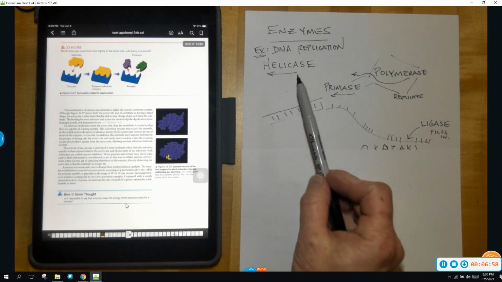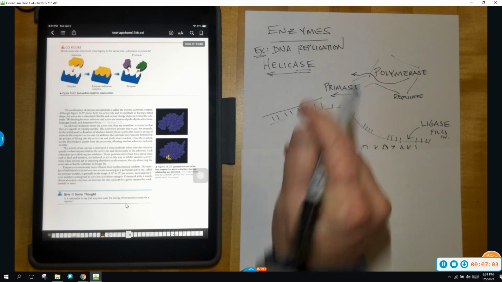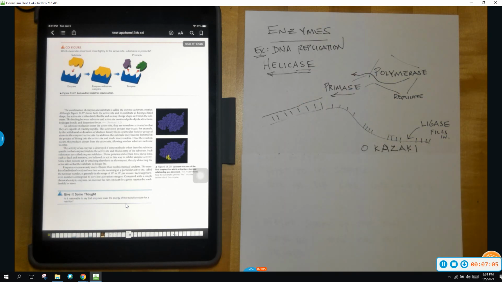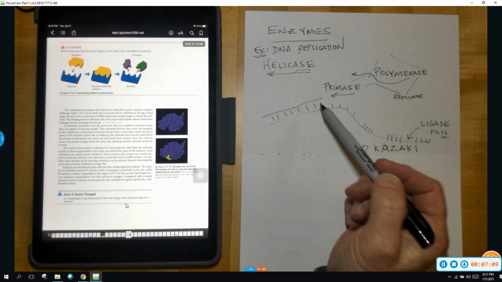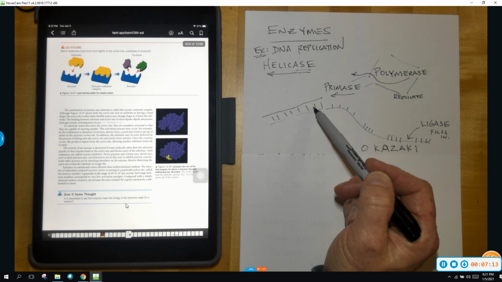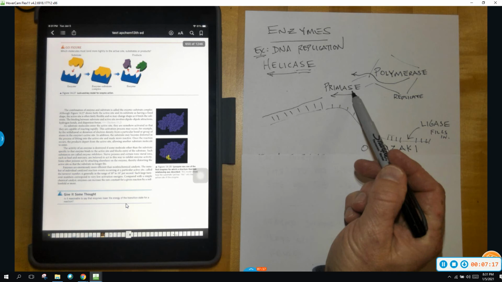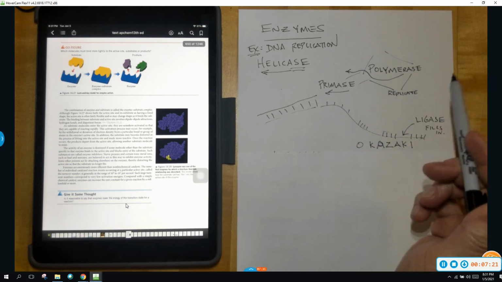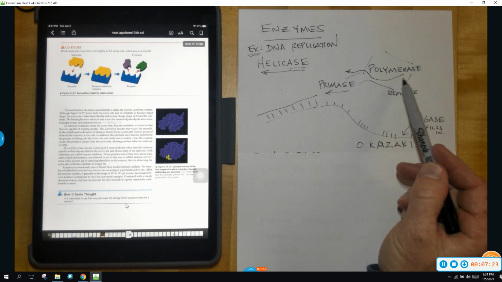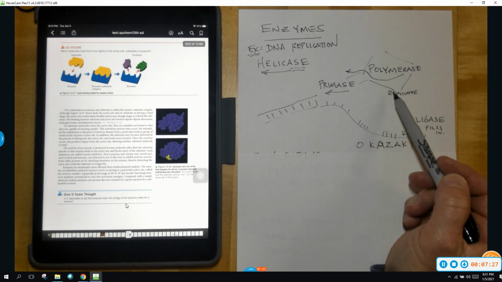And then along comes helicase, ending in ASE right here. Anything that ends in ASE, you probably learned in biology class, is an enzyme. It speeds up the breaking apart of the DNA. Primase comes along and gets it ready, another type of enzyme that fits just right to prime it, to get ready to have polymerase come along, another ASE ending, another one that replicates the DNA.